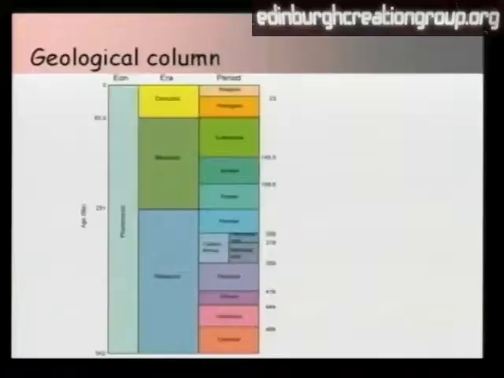Just a quick reminder, a bit of geology here so we understand what the Precambrian is. Here is a diagram of the geological column with different periods. Coming from the bottom, the oldest period is the Cambrian. The Precambrian is before then. And then working up, you've got the Ordovician, the Silurian, Devonian, the Carboniferous, the Permian, and so on. And down in the Cambrian, you've got things like trilobites.